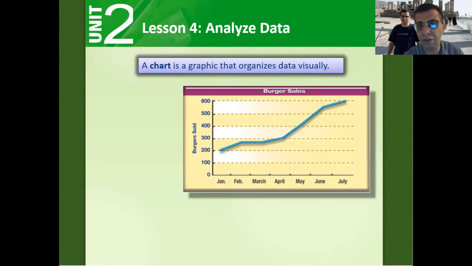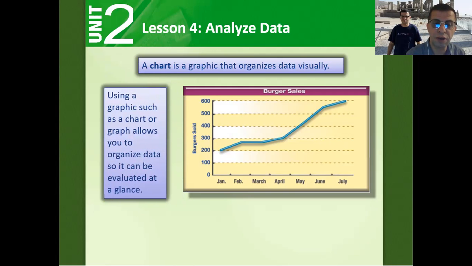A chart is a graphic that organizes the data visually. Using a graphic such as a chart or a graph allows you to organize data so it can be evaluated at a glance. You can see here there is an increase in the burger sales.